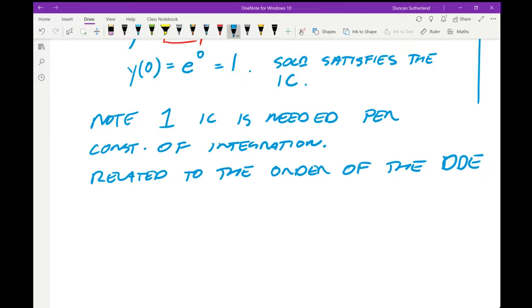If you've got a first order DE, you need one initial condition. If you've got a second order ODE, you'll need two initial conditions, and so on and so forth.